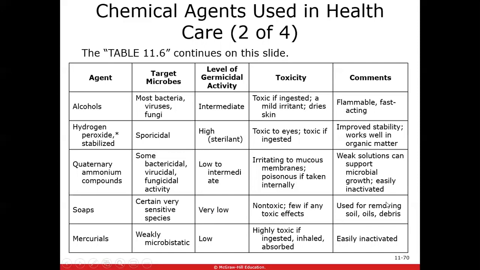They're used for removing soil, oil, and debris. So that's what we talked about in terms of degermination and also sanitation. You can reduce the load of microbes by using soap. Then mercurials, easily inactivated. You don't see these too much. Their activity is also low.